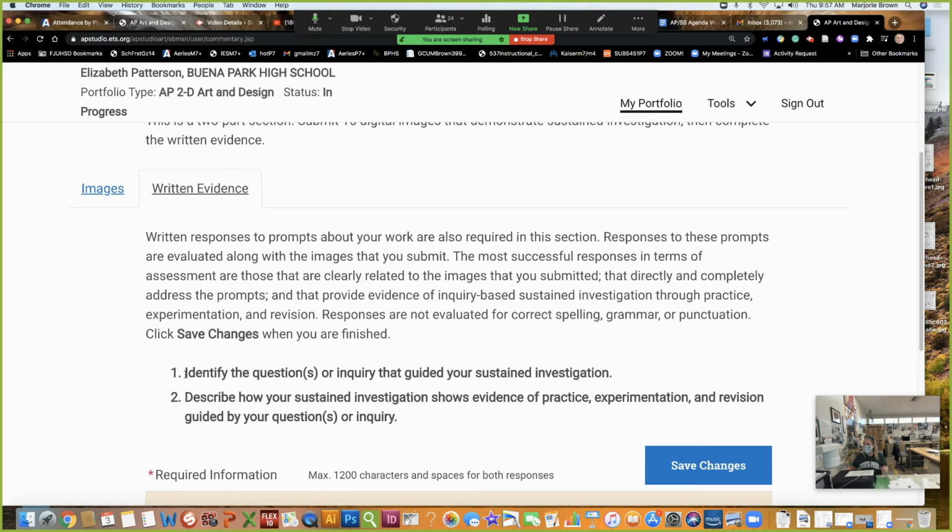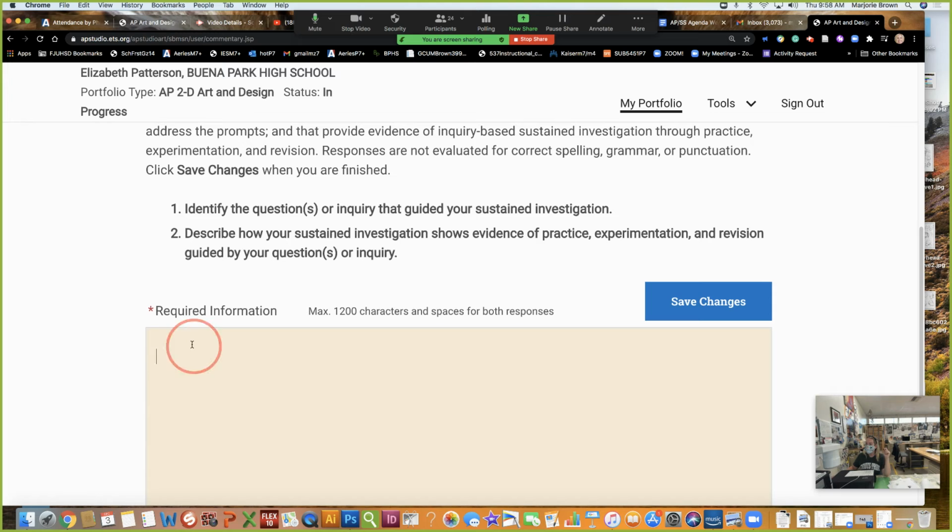So for this semester, you are required to do this one question here. Identify the questions or inquiry that guided your sustained investigation. So I'm expecting you to write one paragraph right here. A paragraph is 4 to 5 sentences explaining your questions or inquiry. This is basically your mind map, people.